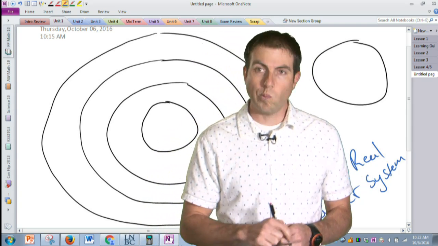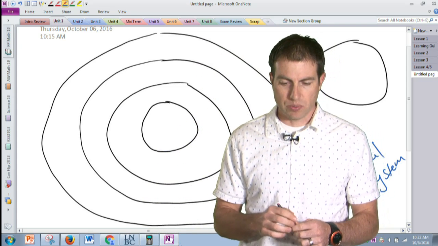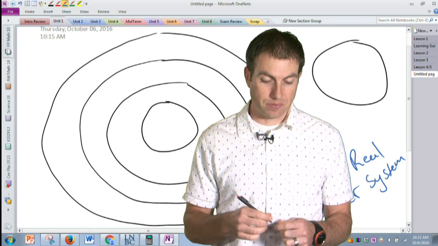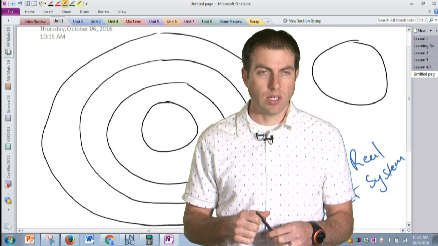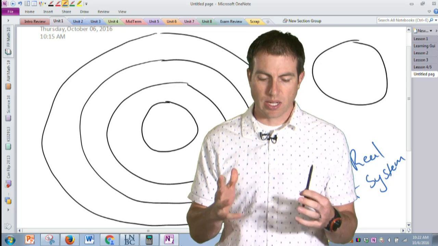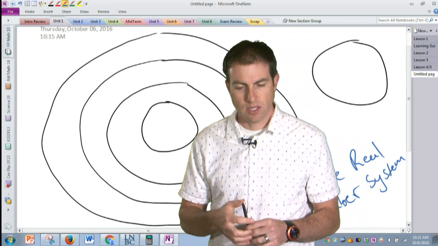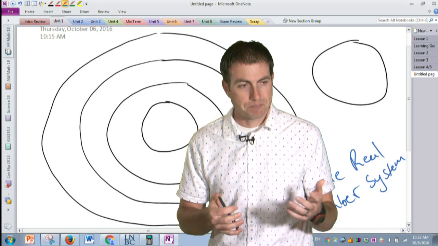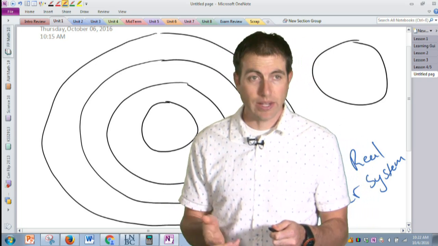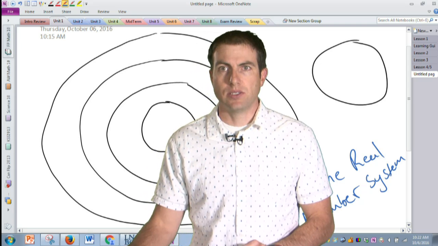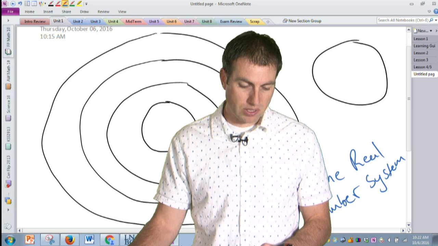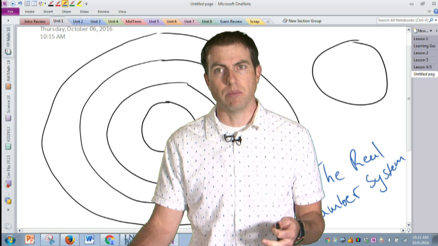Perfect. What I want to do is talk about the real number system, and this is actually in the notes, but I want you guys to help me figure out the different categories of the real number system. So we're going to come up with some definitions of the real number system. All I want you guys to do is, in chat, write some numbers, and we're going to see if we can fill up the entire real number system with the numbers you give me.